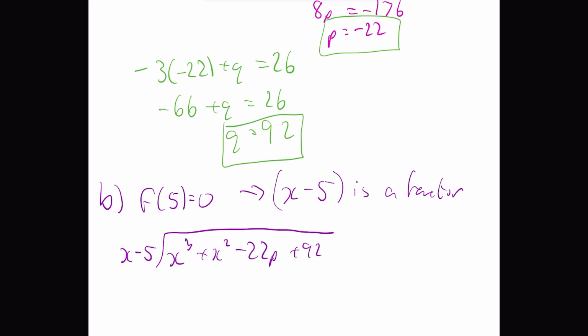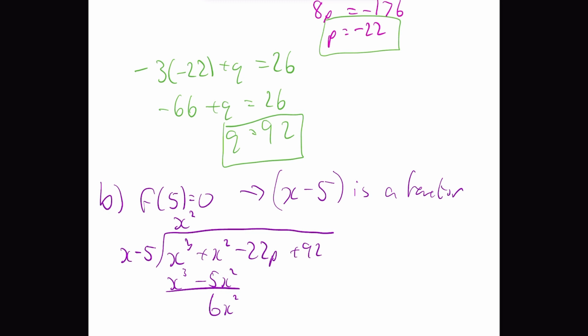So you see how many x's go into x cubed? They go in x squared times. So let's multiply through x minus 5 by x squared to get x cubed minus 5x squared. And if we subtract them, x cubed minus x cubed is nothing, and x squared minus negative 5x squared is 6x squared.